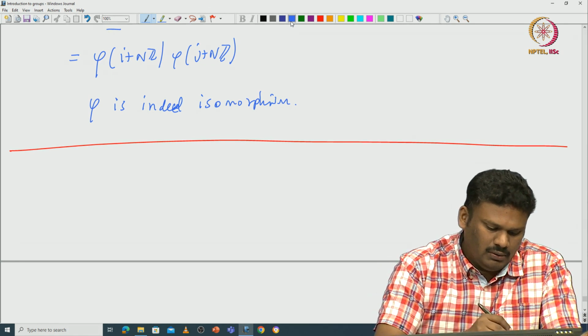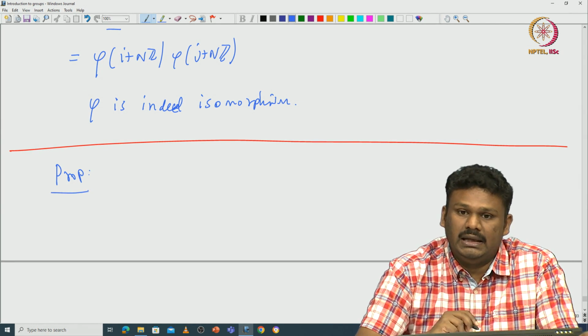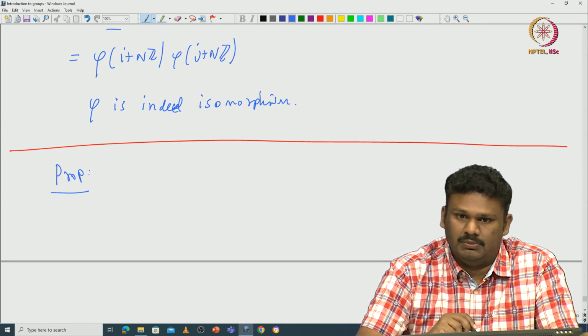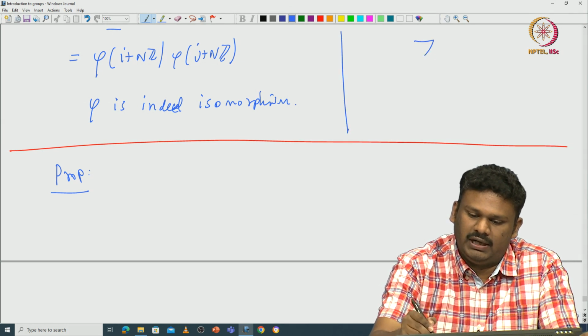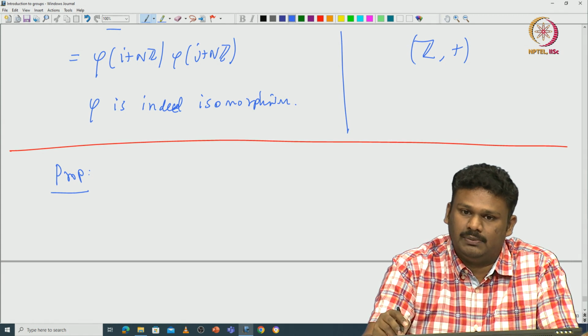Okay. So, now here is one of the important properties. Let us call it a proposition. If you take any subgroup of a cyclic group, that must be cyclic. We have seen that already for integers. If we take Z plus, we have seen what all the subgroups of Z plus are.